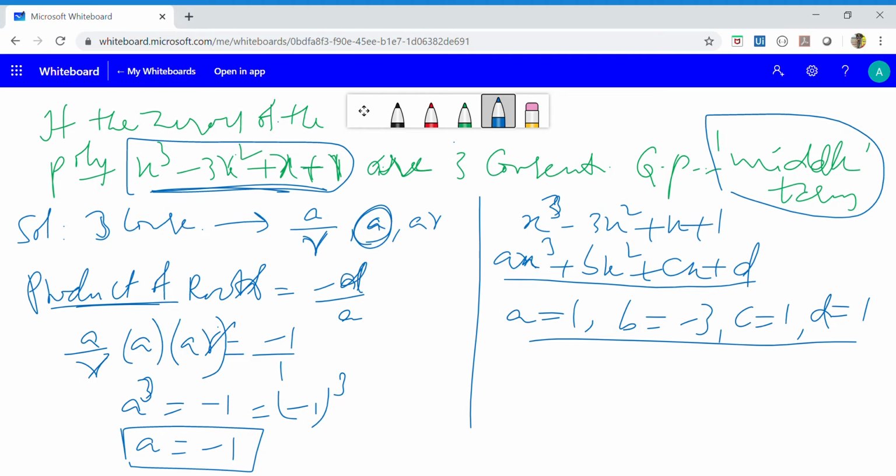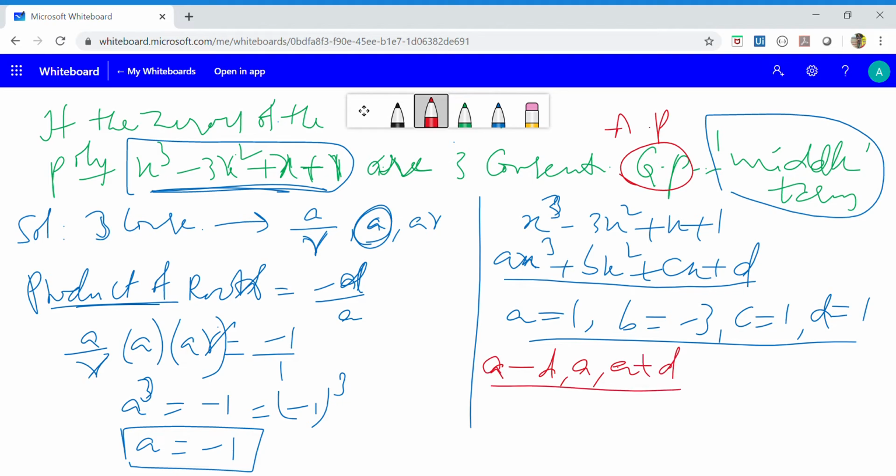Suppose instead of giving it like this, they have given that the zeros are in AP. Then how can you find it? The three consecutive terms in AP are a minus d, a, a plus d. So here I have to consider the sum of zeros, because here also I have to get the value of the middle term, which is a.